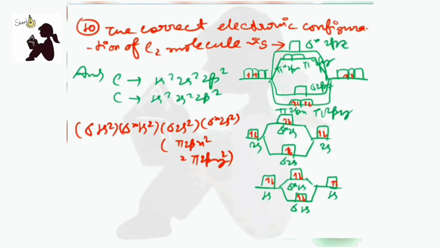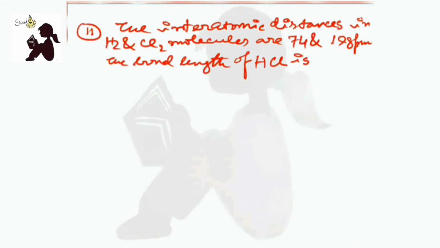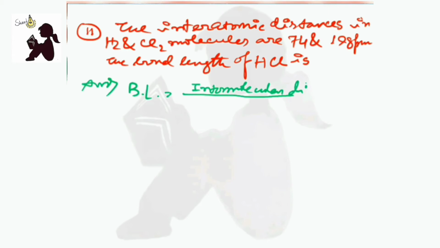Let's see the 11th question, that is interatomic distances between H2 and Cl2 molecules are 74 and 198. So it will be the bond length of HCl. Now in chemical bonding, I have already told you the formula, so let's write it here: interatomic distance by 2.